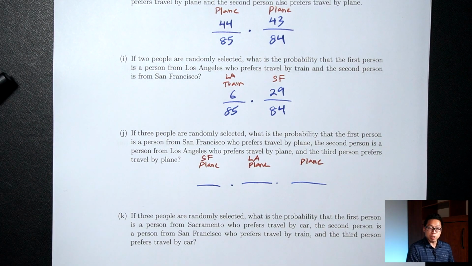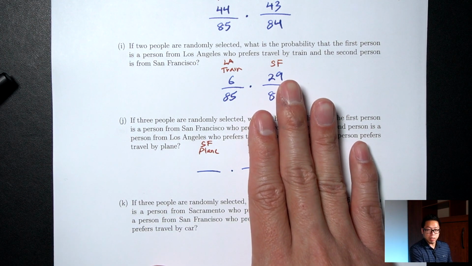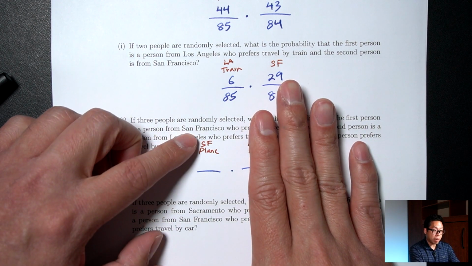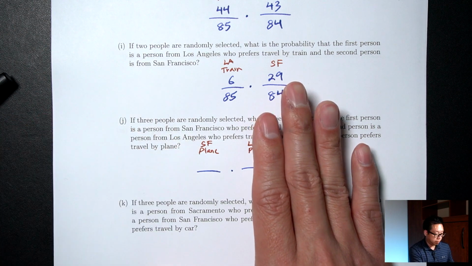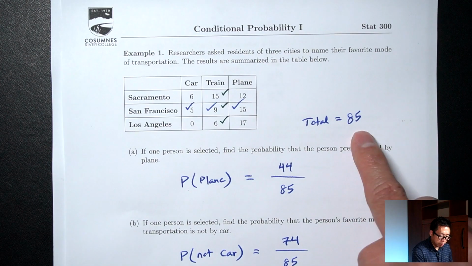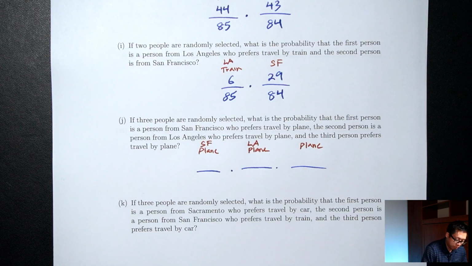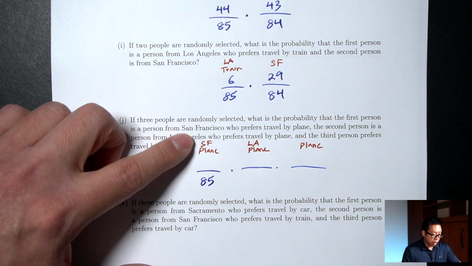Okay, we'll find the 3 fractions separately. First person, what's the probability of getting a person who is from San Francisco and prefers travel by plane? So San Francisco plane. Bottom is going to be everybody. So everybody is the total, 85. And then how many are SF plane?